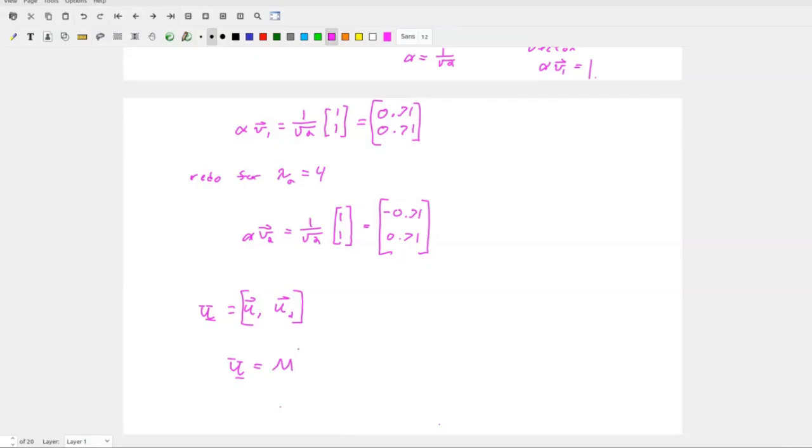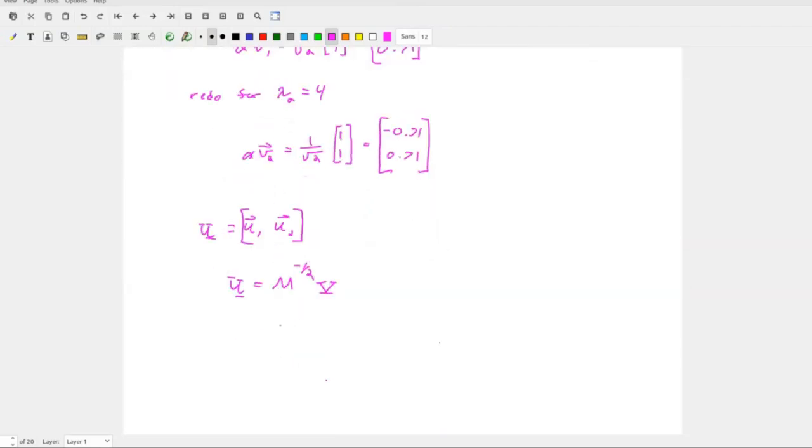I'm going to write it as U is equal to M negative 1/2, that's my mass normalization, times my normalized vectors, right? We can do that complete, or we can break it out. Let's say for this example, let's just break it out.